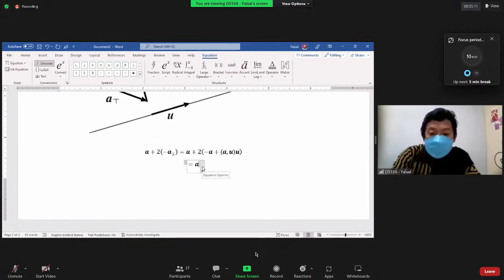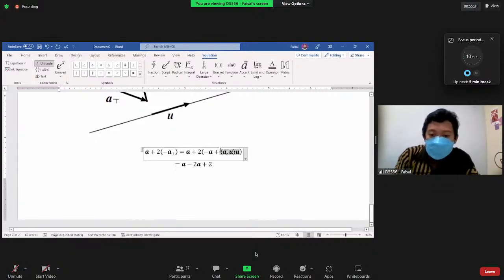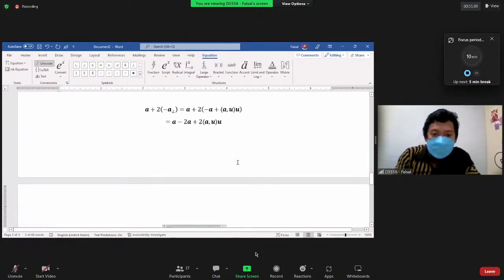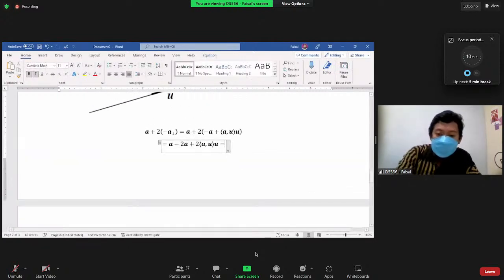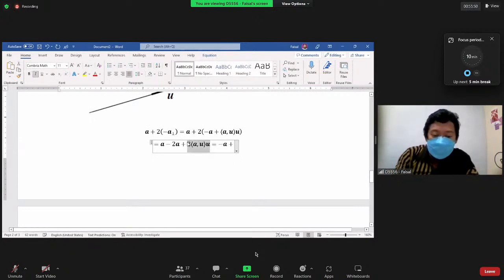We simplify the equation: A plus minus 2A, okay, plus 2 times this one. A minus 2A is minus A. So here, minus A plus 2 times this one.